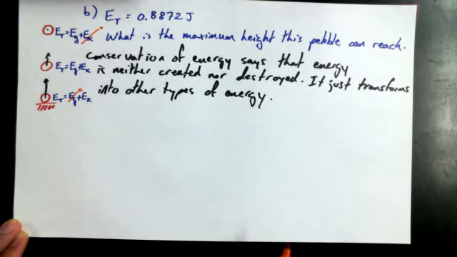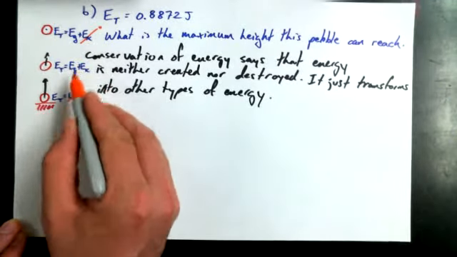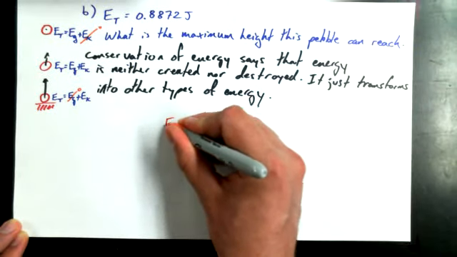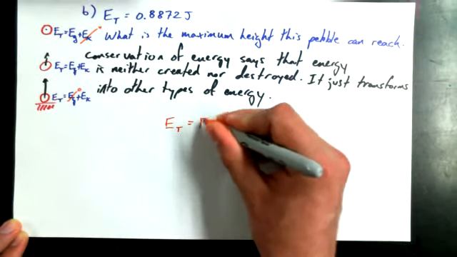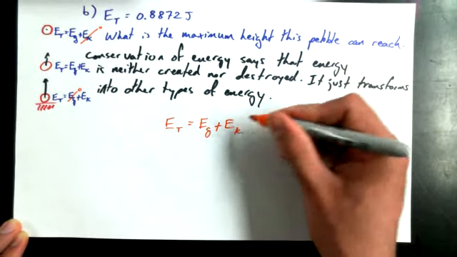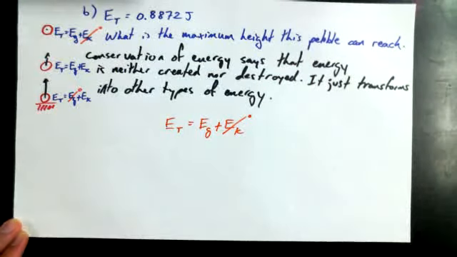What kind of an equation could I use? E total equals what? This one, or this one? E total equals EG, yep. E total equals EG at the top. If I want to be really expressive, I can write plus EK and then say, oh yeah, by the way, I know that EK is equal to 0.